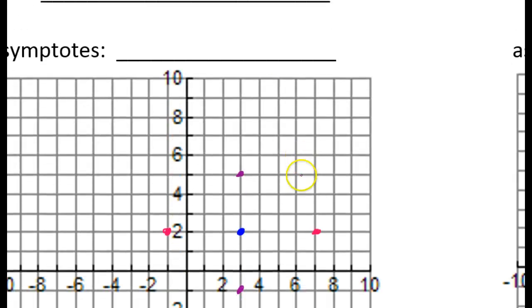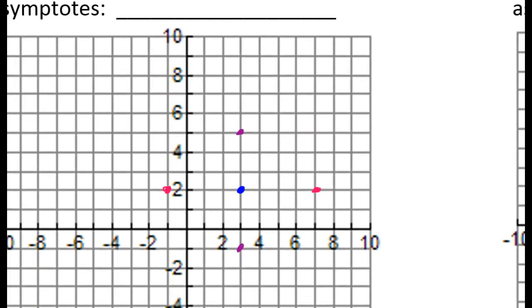Now that I've got my vertices and my co-vertices, I can draw this rectangle that I'm going to need to find the asymptotes. So just draw a rectangle as a dotted line that goes through the vertices and the co-vertices.